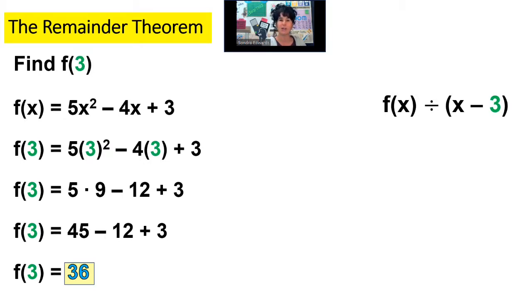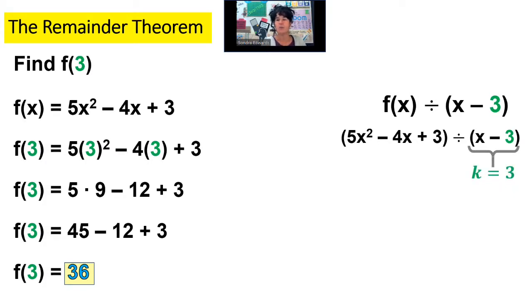I'm going to go with the shortcut to divide, and the first thing I need to do is come up with the k value. The k value is always the opposite of this x minus 3, so it's 3. Ready to set up the synthetic division. So putting that 3 there in the corner, putting the coefficients across the top. Notice we have 5, -4, and 3.